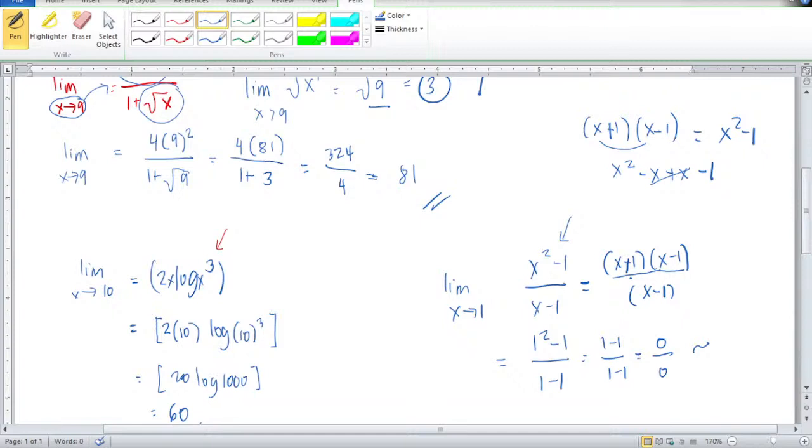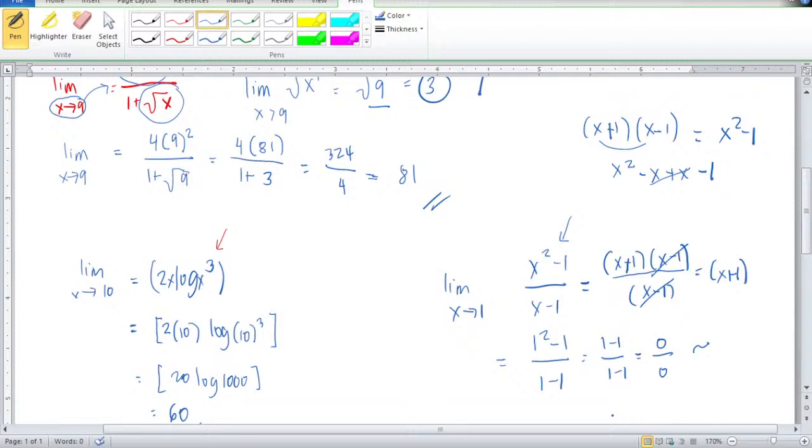Very good, you are following. Now, what can we cancel out from here? We can cancel out the expression x minus 1, which will simplify our equation to x plus 1. Can you follow? X plus 1 na lang.